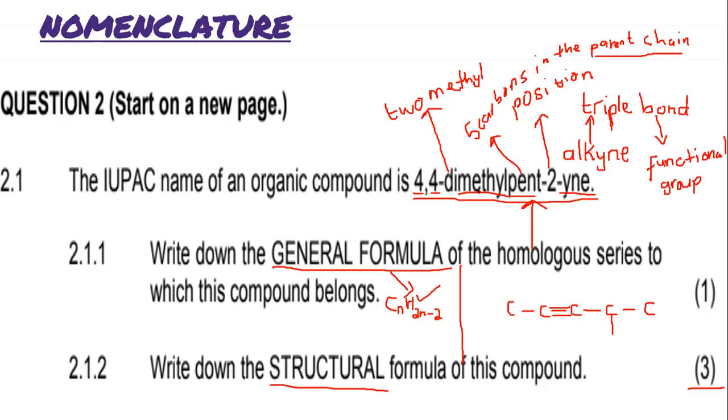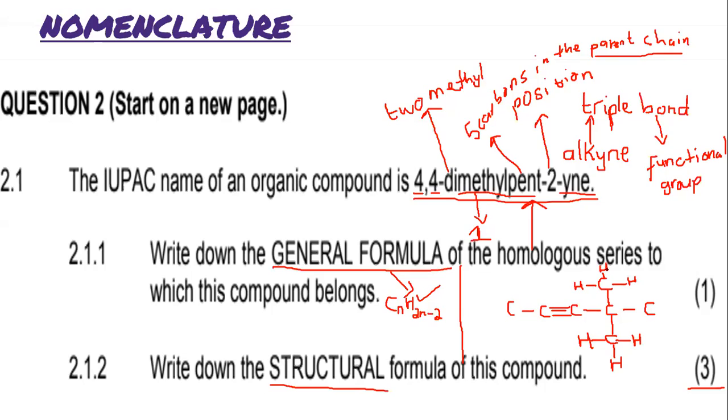Now, what does meth mean? It means 1 carbon atom. So it will be a carbon atom. And if it's a methyl, it means it's actually a substituent, so it's short of 1 hydrogen. So it's a CH3. Then again on carbon 4, I have a methyl. So it will be CH3.